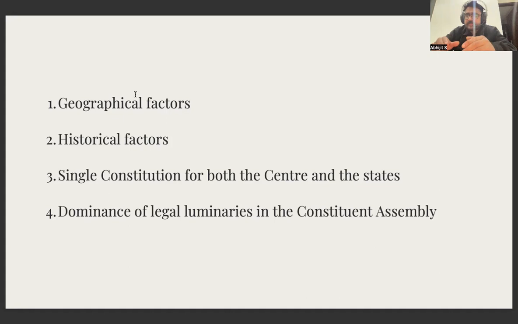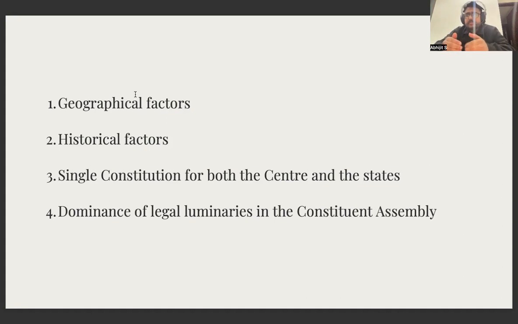Based on that, further articles were added or further amendments were made, sourced from various places, of course. But essentially, a huge part of the bulky nature of the constitution is also contributed by the bulky nature of the Government of India Act of 1935, based on which the Indian Constitution was written.